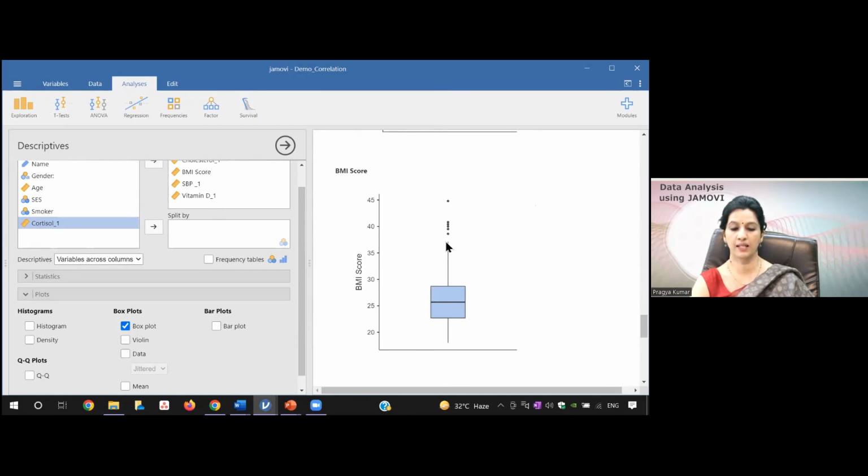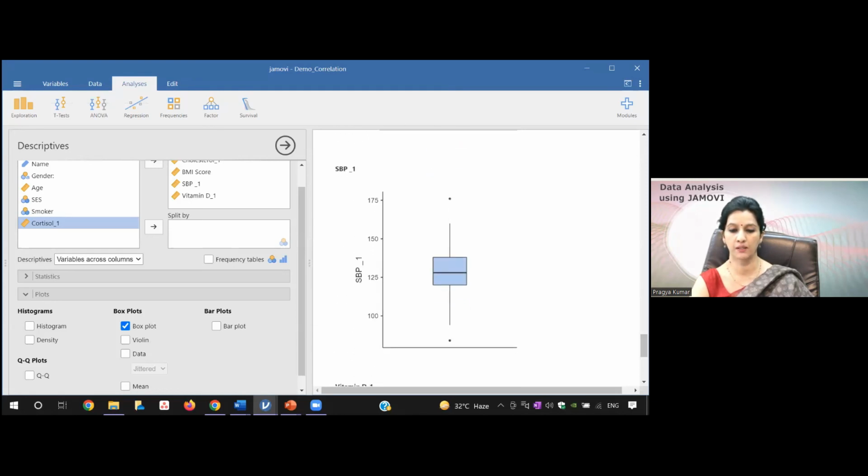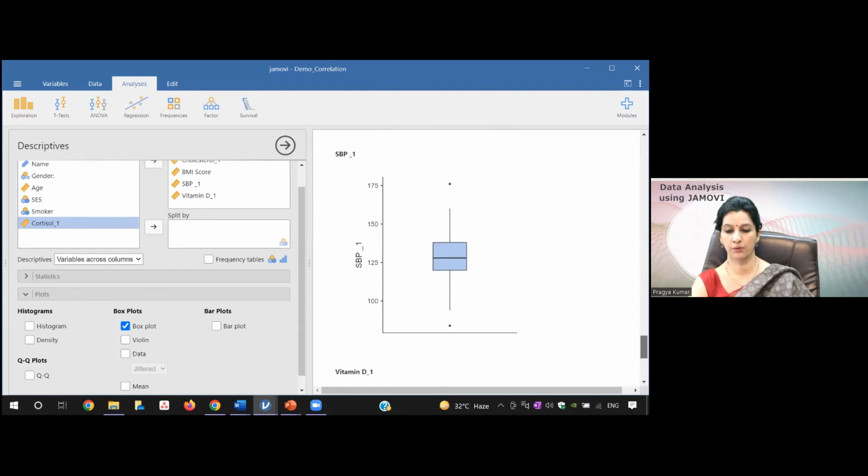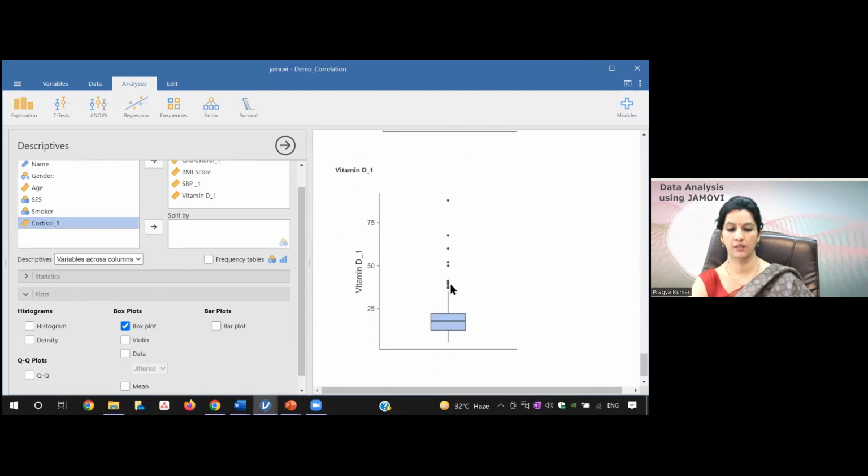This length stops at 1.5 IQR, and these are the values appearing above 1.5 IQR. Because there was no value at the bottom, none is appearing. Similarly, there is one appearing down and the other up, which is again showing more than 1.5. And in vitamin D also, you can see there are lower and higher; higher there are many, but lower there is none.